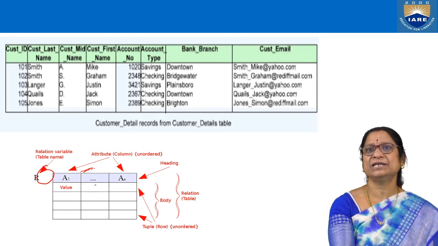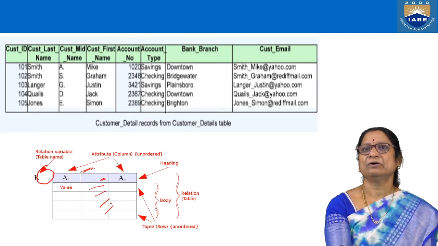In our general notation, we will call this a heading, generally column headings. And these are all the data tuples, the content. That is the body of the table. Each row will be called a tuple.